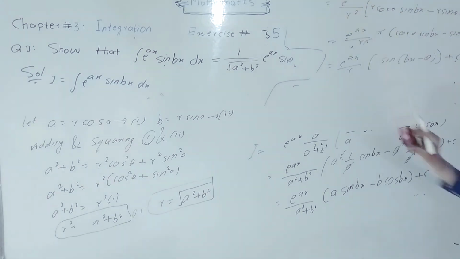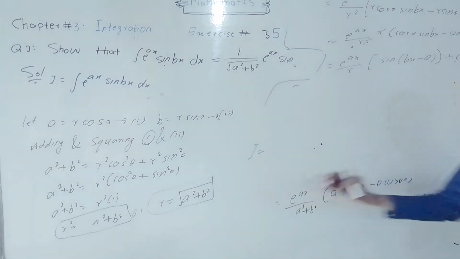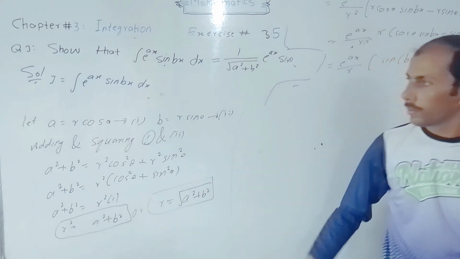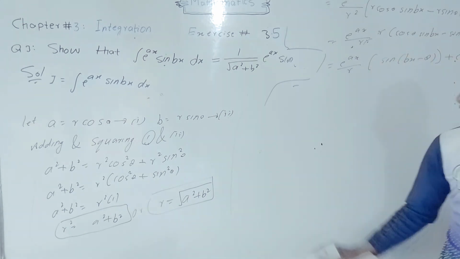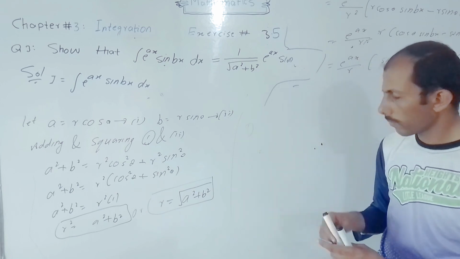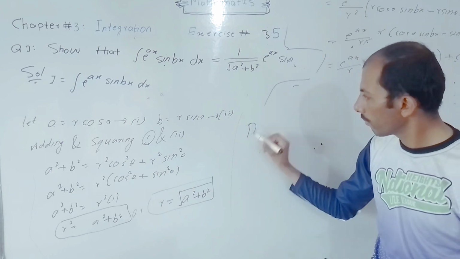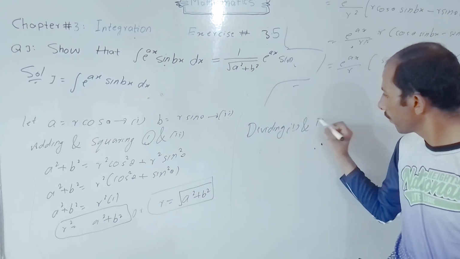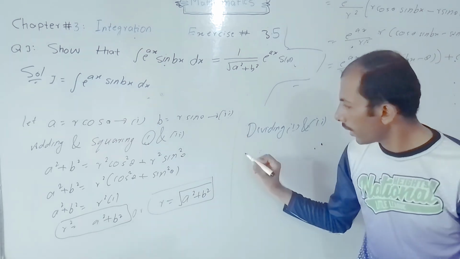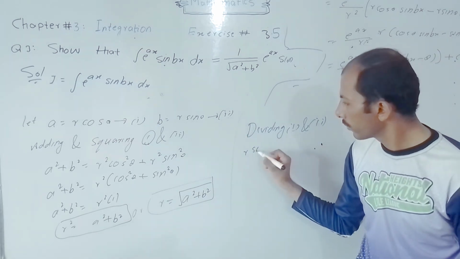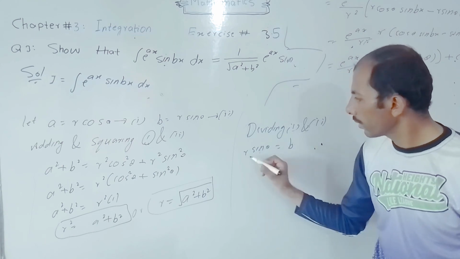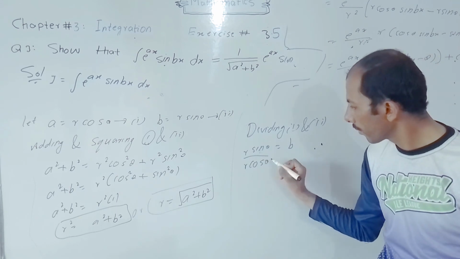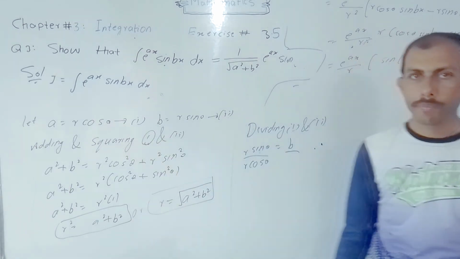Next, dividing 1 and 2. So r sin theta is equal to b divided by r cos theta is equal to a.